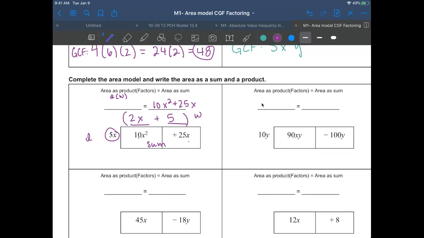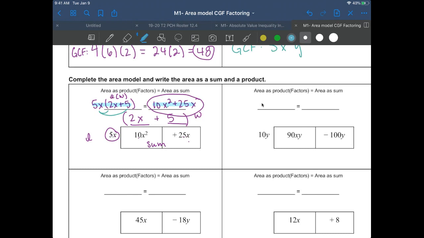So when I multiply 5x by 2x plus 5, I get 10x squared plus 25x. We can check by distributing. 5 times 2 is 10, x times x is 10x squared, 5 times 5 is 25, times x is 25x. So my answer is this. This is equal to that.